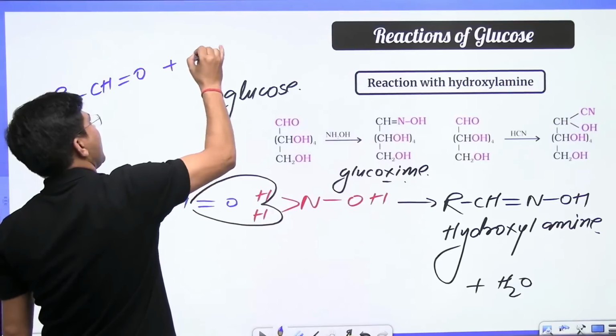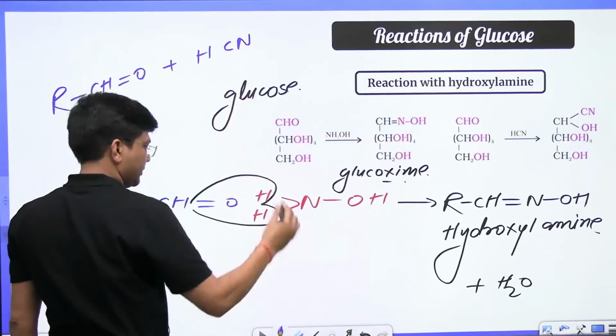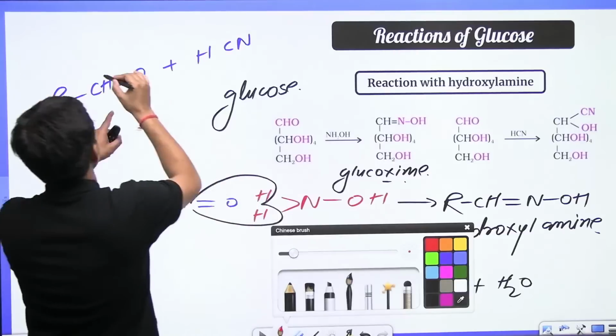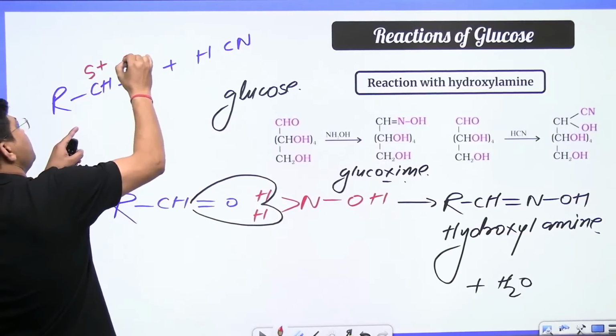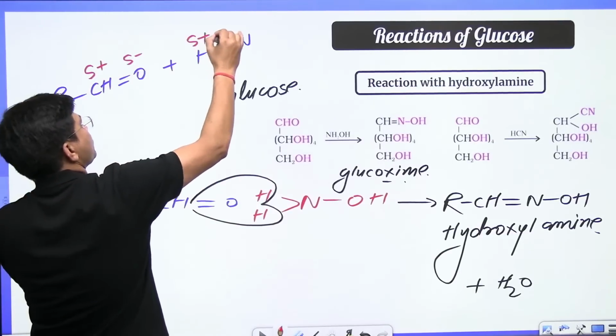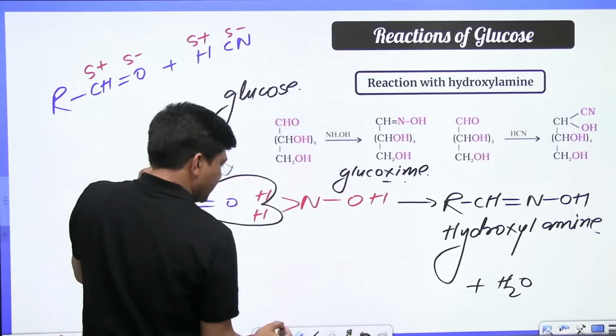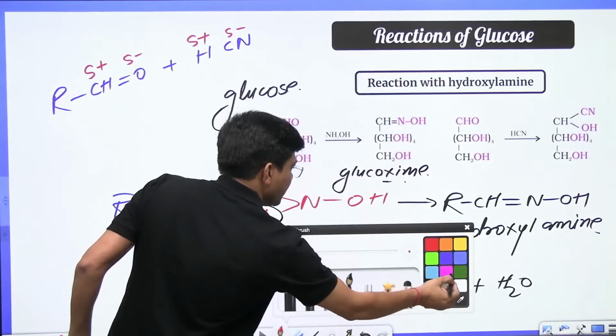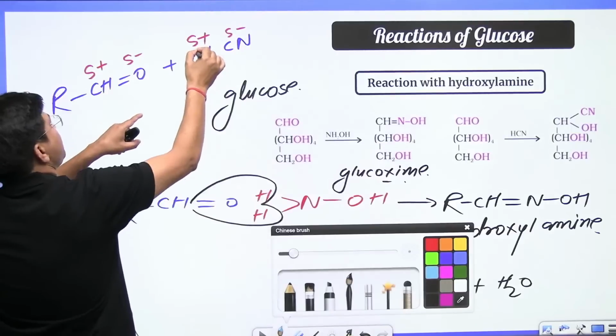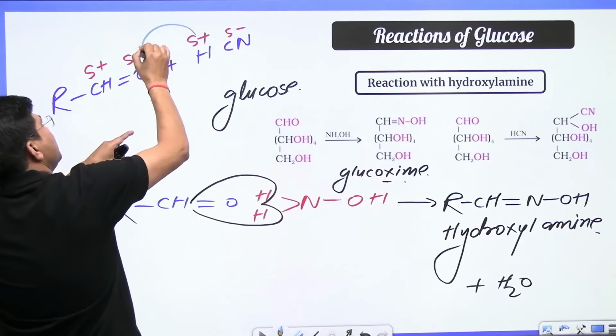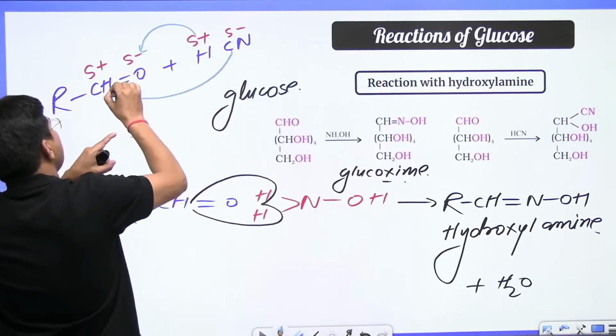Just focus over here, everyone. In hydrogen cyanide, this is delta positive and this is delta negative, and in the carbonyl, this is delta positive and this is delta negative. The positive part will come and join over here, and the negative part will come and join over here.